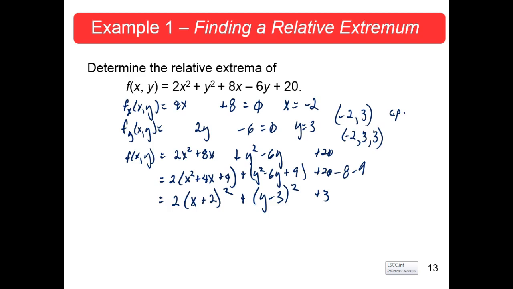Negative 4, 3, negative 3, 3, you get something greater than 3. Negative 2, 2, negative 2, 4. You'll always get something greater, so this makes this a relative minimum. Okay, so it is a relative extremum.